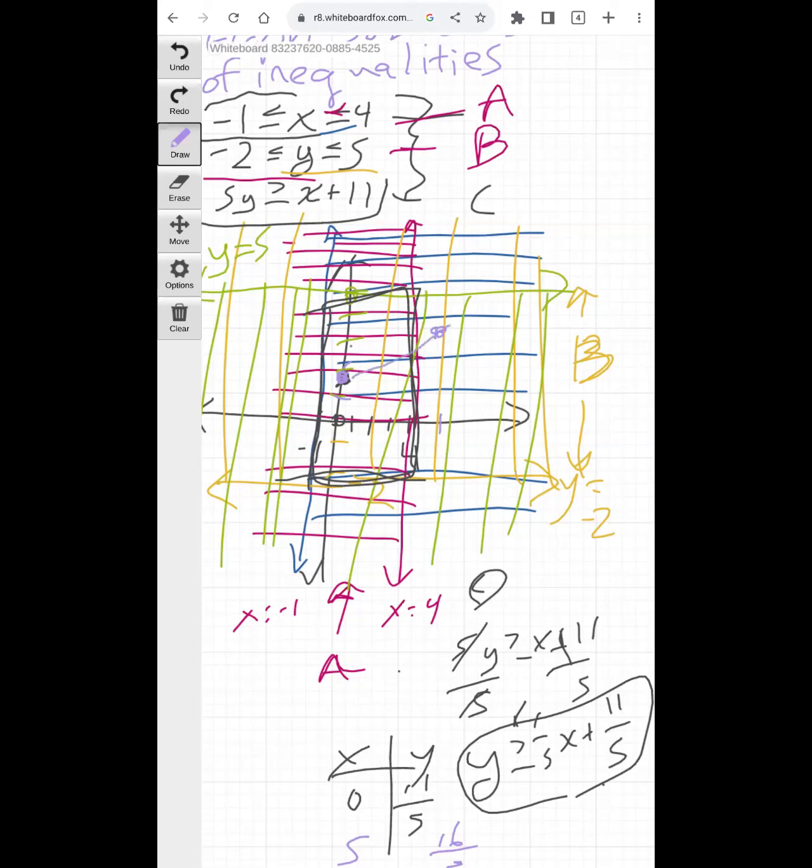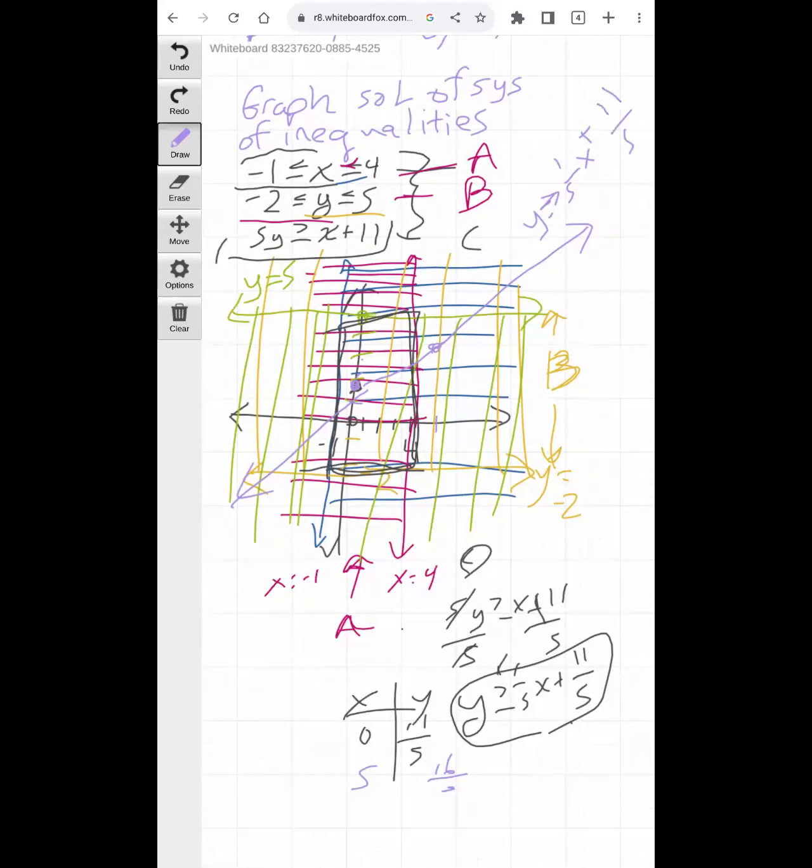Then you connect that. The line is y equals 1/5 x plus 11 over 5, and you would shade everything above that line.